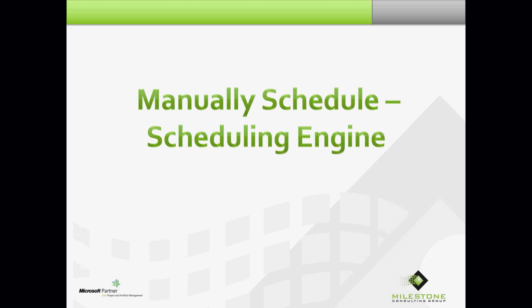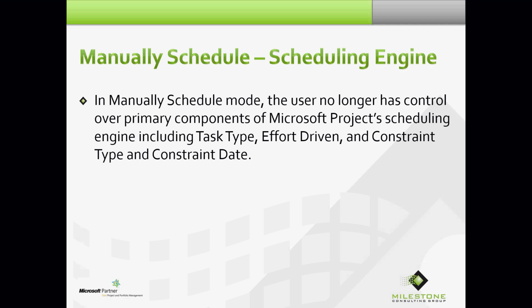So let's start with the project scheduling engine, the heart and soul of the product. In manually scheduled mode, the user no longer has control over primary components of the project scheduling engine, including task type, effort-driven, and constraint type and constraint date.